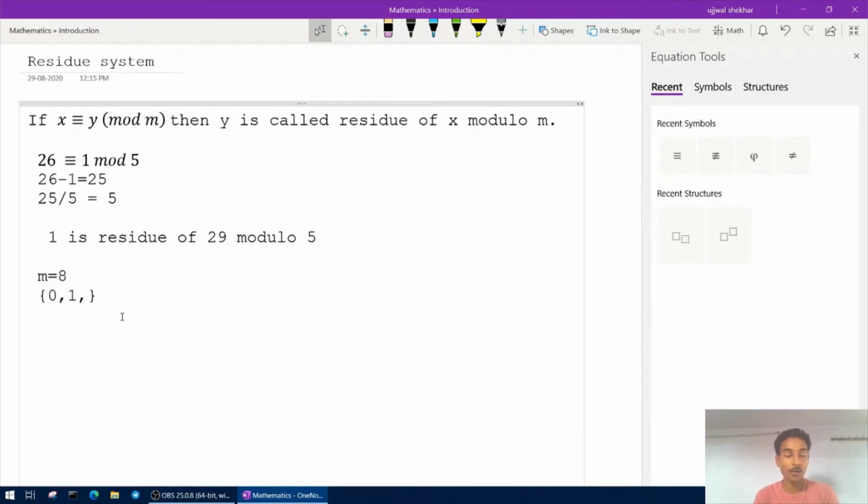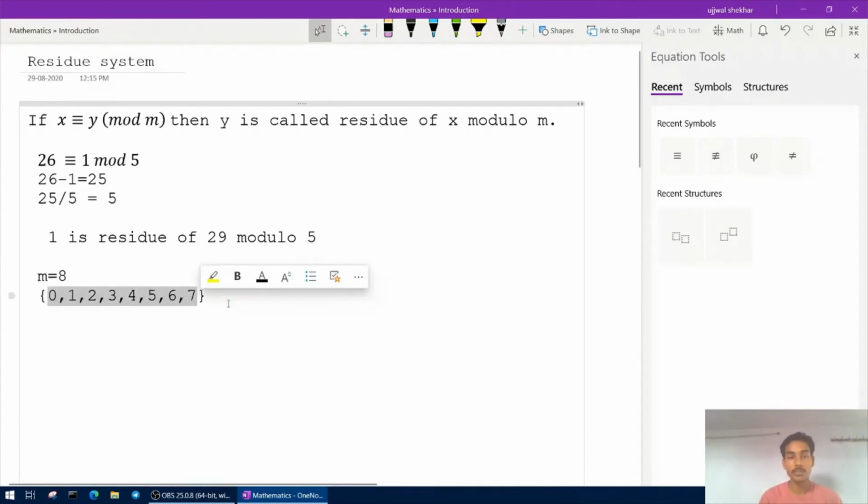For m equals 8, we can divide any number by 8, and the remainder will be less than 8 and can't be negative, so we will not cover the negative part. The remainder can be 0, 1, 2, 3, 4, 5, 6, 7. So this is a residue system, and all of this will be included in it.